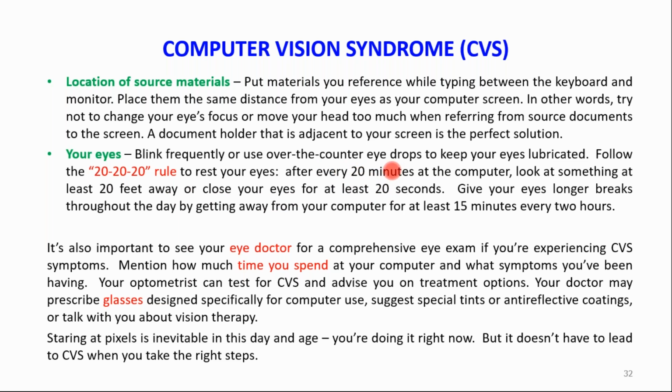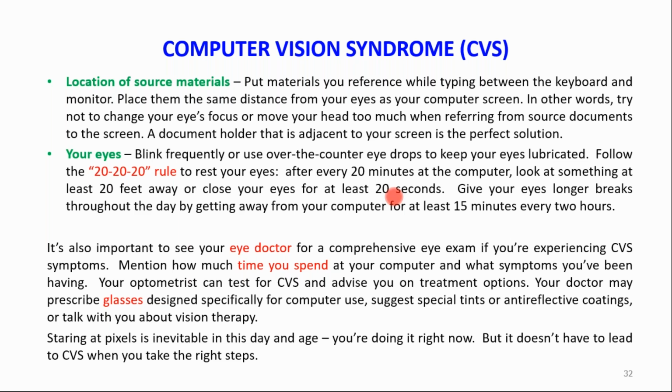So after working on the computer for 20 minutes, you have to look at something which is 20 feet away from your eyes, and you have to close your eyes for 20 seconds. You should follow these rules to avoid this CVS, right?